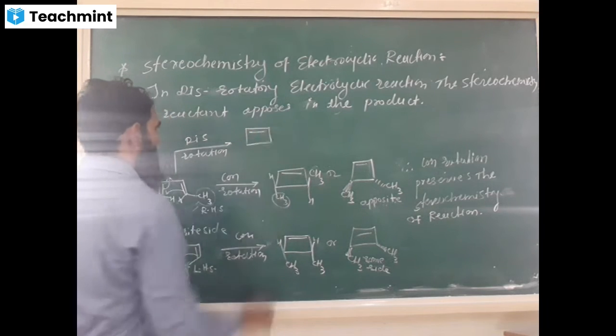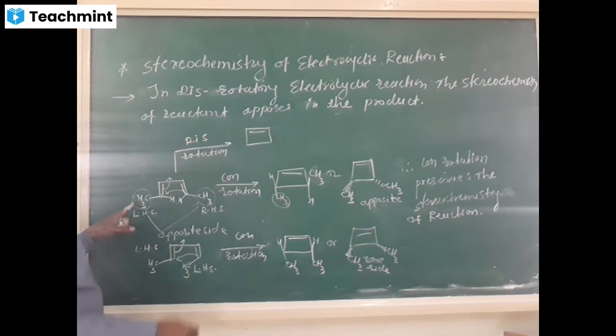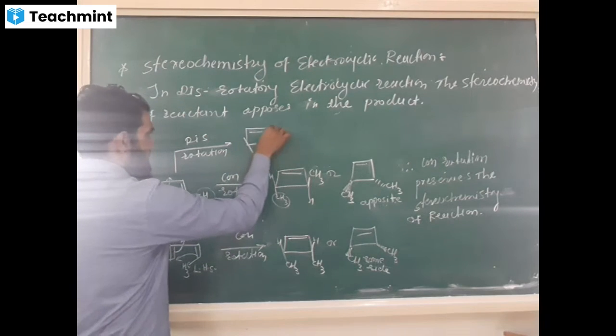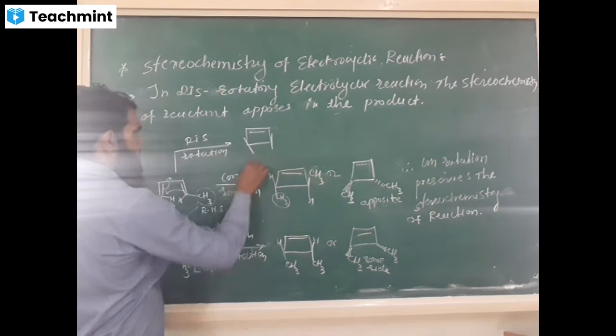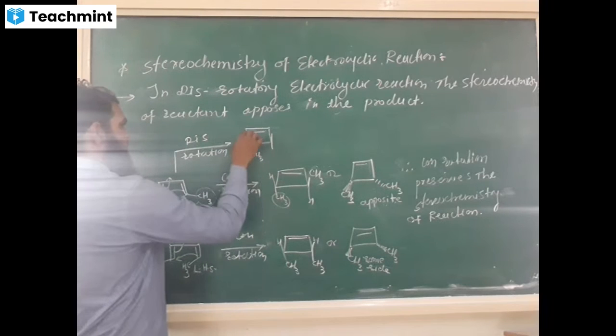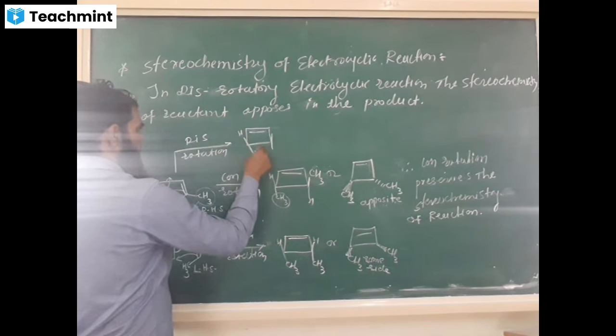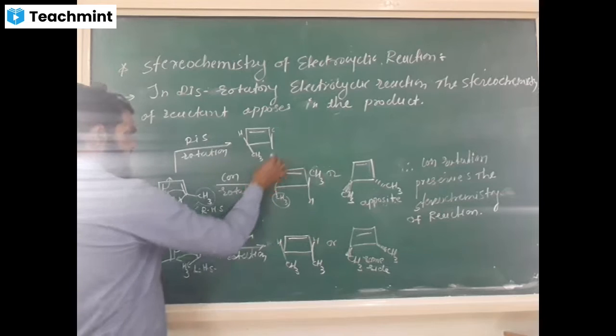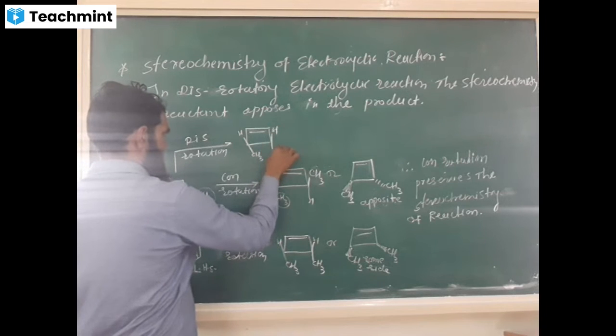So suppose this is cyclobutene and this methyl group is on the left hand side, this is on the right hand side, they are on opposite sides. So if we write the product over here, if one methyl group appears on the bottom side, another methyl group also appears on the bottom side.